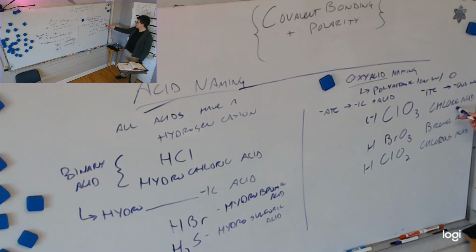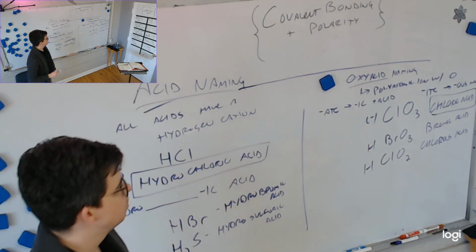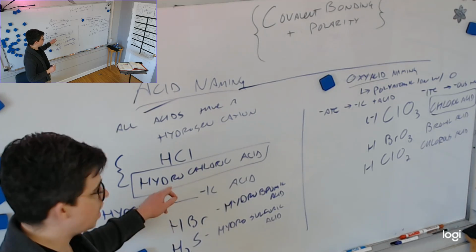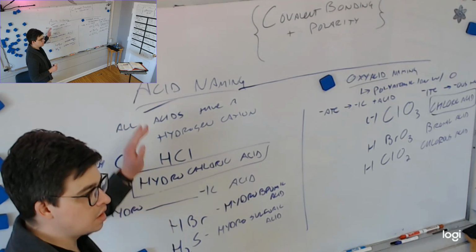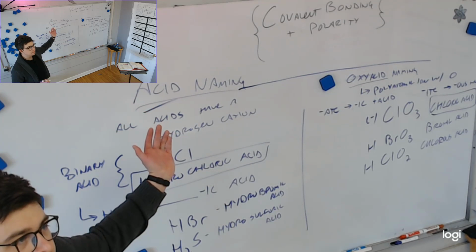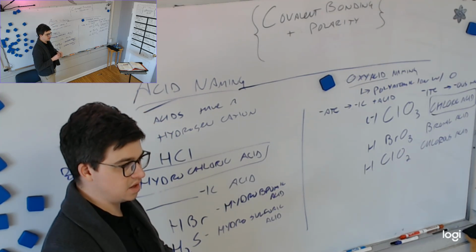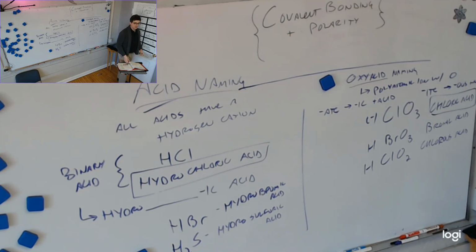So what's the difference between this one and this one? And how do I know? If all I could see is the name, what's the difference? Yeah, there's no hydro. What does hydro mean it has to be? Binary acid. The way I think about this is, you ever been to McDonald's? They have a quarter pounder with cheese, and they have a bacon quarter pounder.